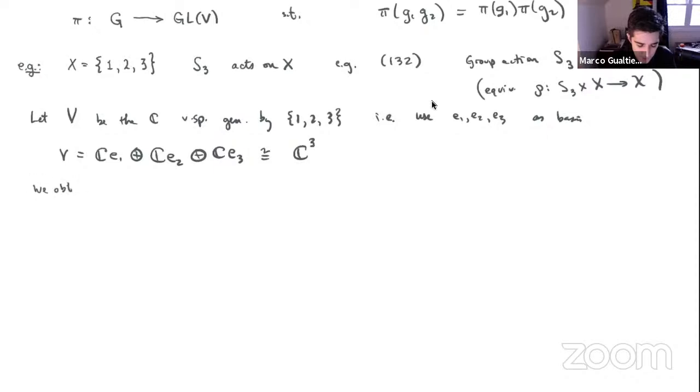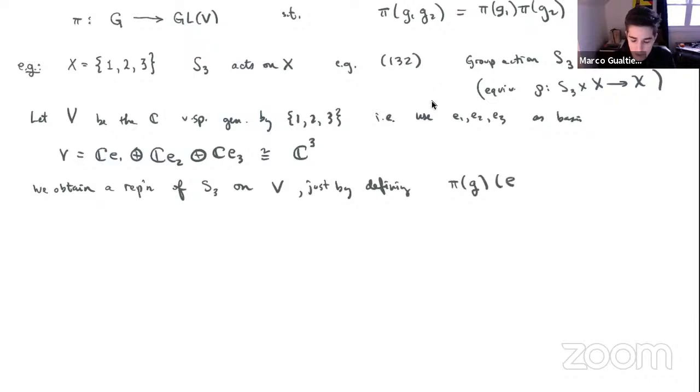So we obtain a representation of S3 on V just by defining that each element will act on the basis element by taking it to the basis element that the permutation does to the label.